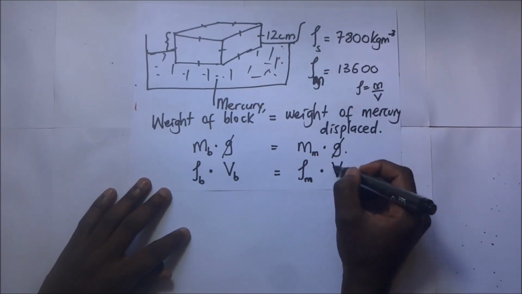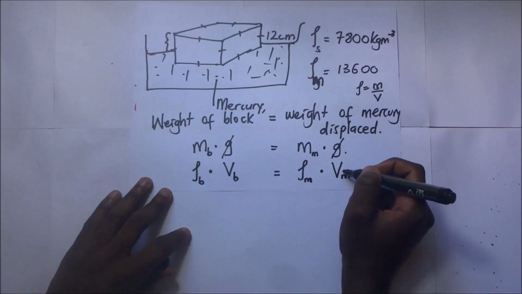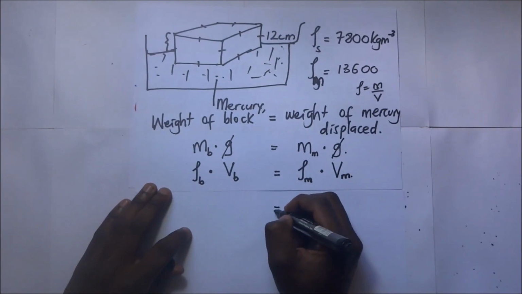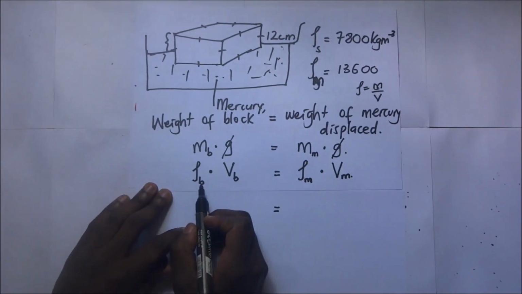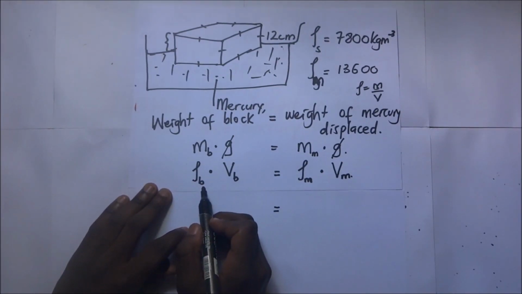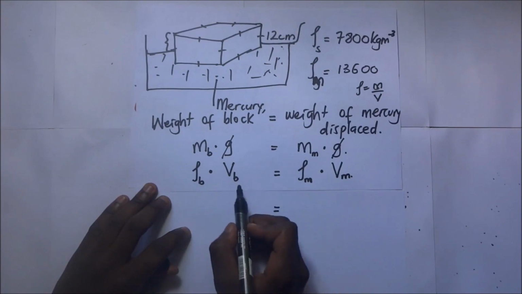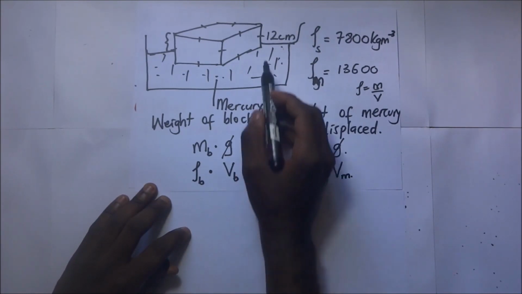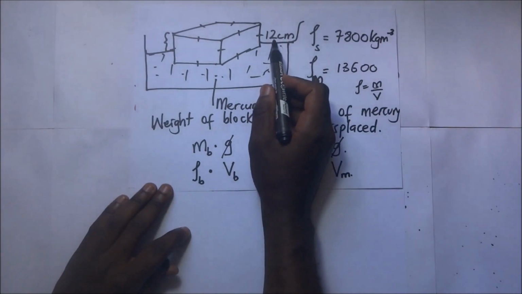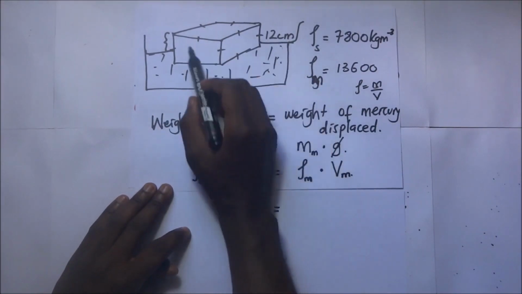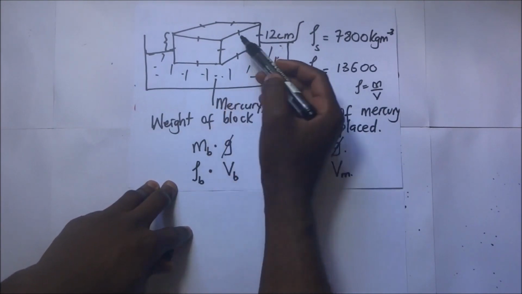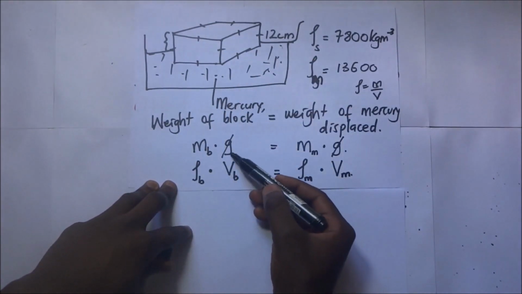Now the volume of the mercury we are talking about here is the volume of the mercury that has been displaced. Of course now we know the density of the block, we know the volume of the block. The block is such that it is having 12 everywhere. It's a cube, each side is 12 centimeters, so it means that we have the length, the width, and the height of the volume of the block.